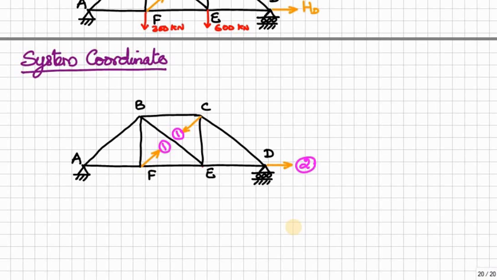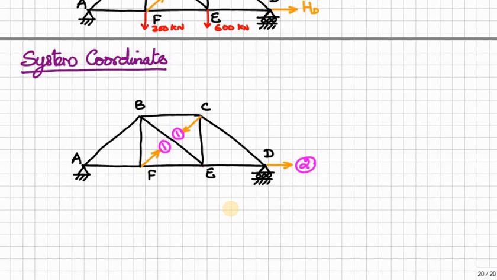Once we have the system coordinates and the primary structure, then we can go for the actual calculation. In a beam problem we have moment calculation, but here in a truss problem there is no moment, and we find the force in each member. To find the truss member forces, usually we have many methods.